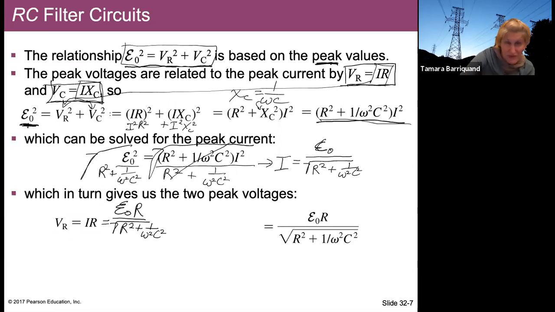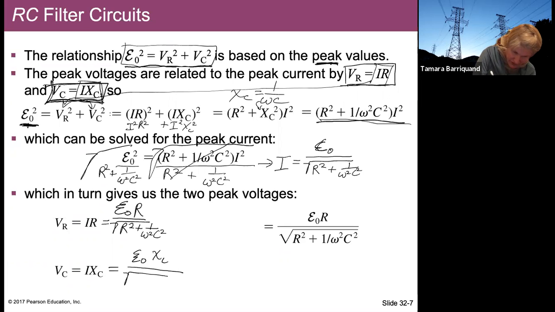And now for my peak capacitor voltage, that's I times my reactance. That will be my EMF naught times my reactance over the square root of R squared plus 1 over omega squared C squared.